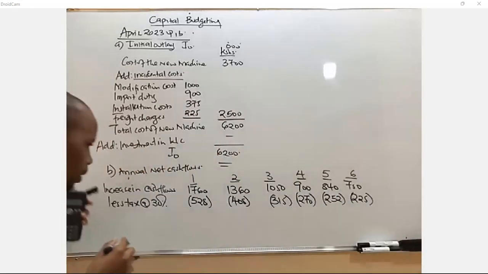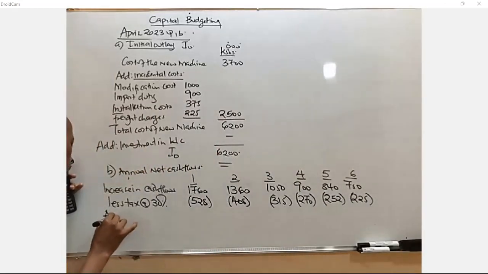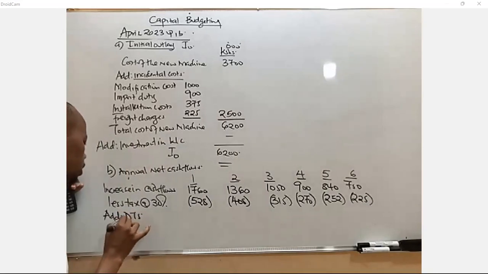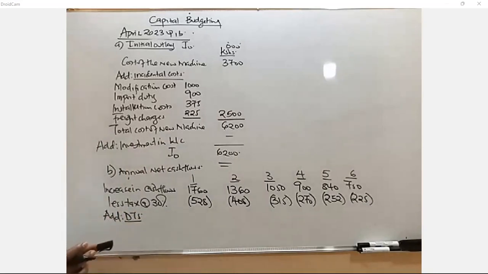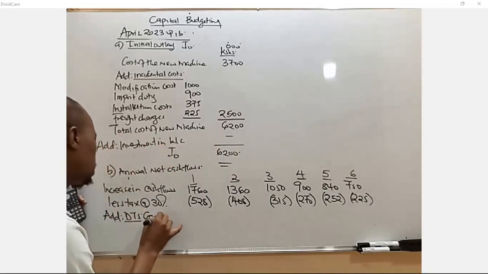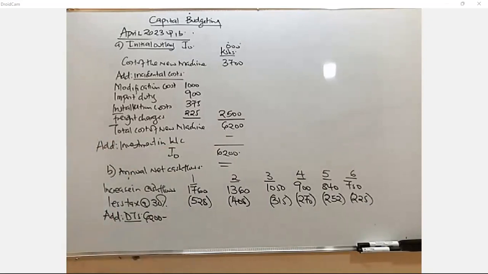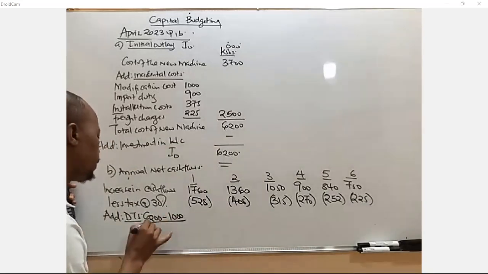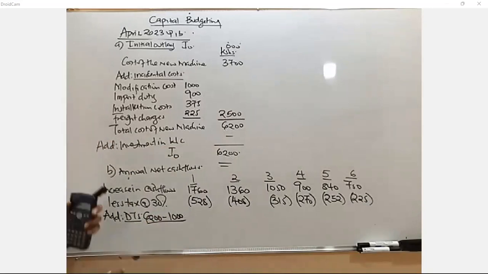Then what we are supposed to be adding here, we add depreciation tax shield. Can you take the cost of the machine? The total cost of the new machine is 6,200 minus the scrap value of this machine. We have been told very well that the scrap value of this machine will be 1 million, in our case here 1,000. You divide it by the useful life of the project, which is 6 years.